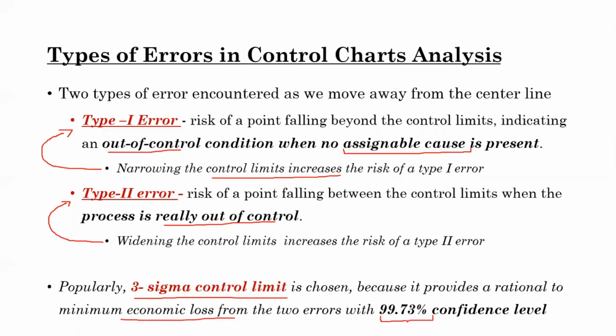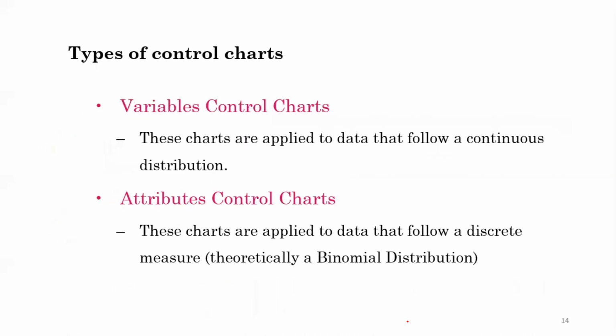The confidence level tells us that we can capture 99.73% of our process if we use 3 sigma. If you use 2 sigma, you may not capture many of the points, so that would have its own impact on these errors. So it's good to note these two errors in a control chart.